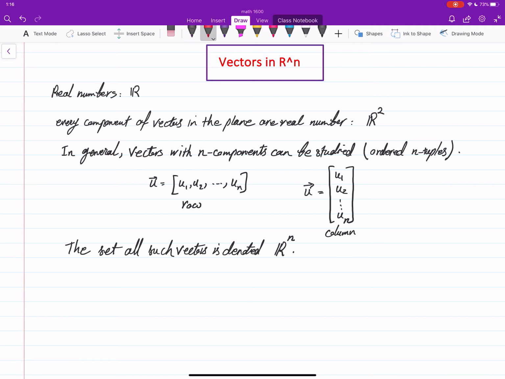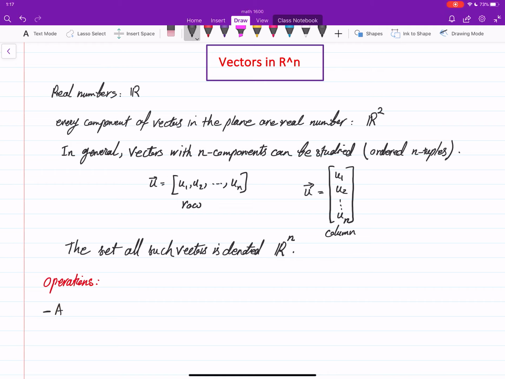And when you have those, you can study the operations: how we can do operations for vectors with n components. Well, remember the keyword was component-wise. All the operations were done component-wise, so everything we can generalize.